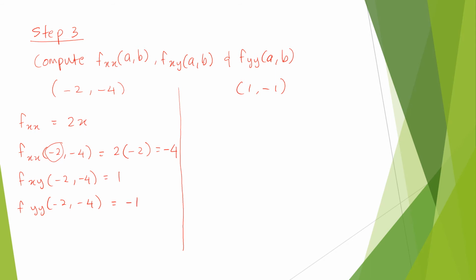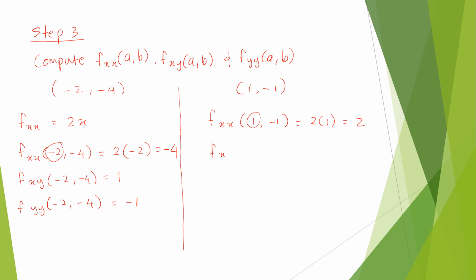Okay, so here for fxx at 1, -1 equals to 2x. What is our x value here? 1. So 2 times 1 equals to 2.